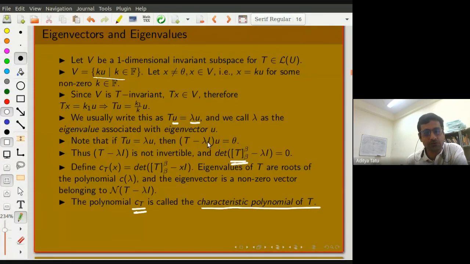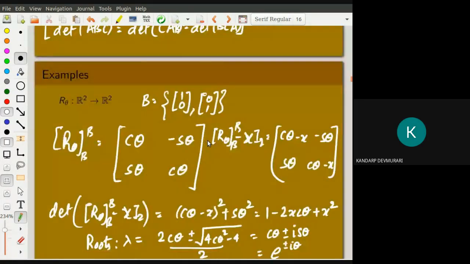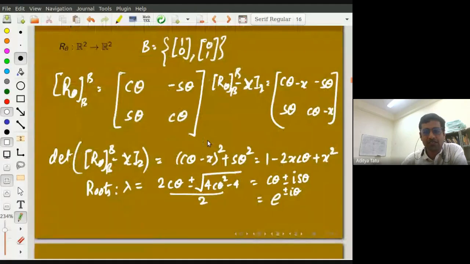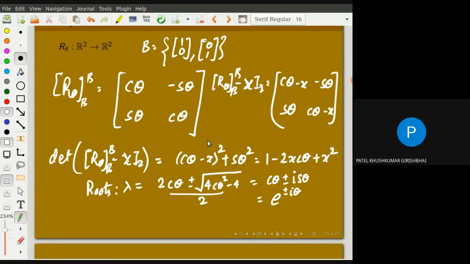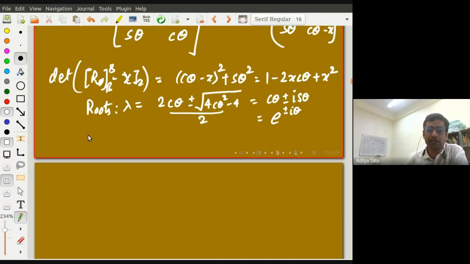Yes or no? Yes. Yes, sir. Now, do you think this is right here? No, it will be complex. Exactly. R theta is an operator that we have assumed is defined from R2 to R2. So e to the power i theta cannot be an eigenvalue unless, of course, theta is 0 or pi.